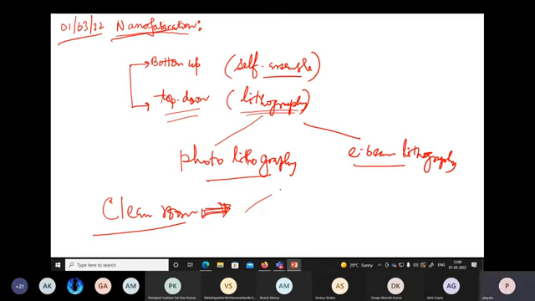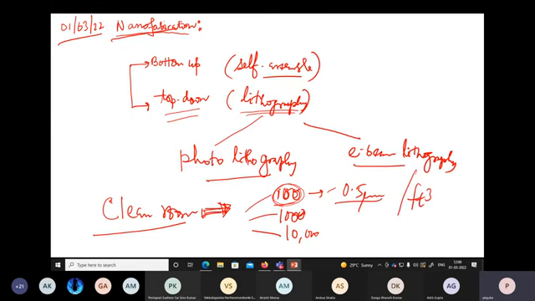There may be different classes of clean room, like class 100, class 1000, or maybe class 10,000. What does this number mean? Class 100 means there will be less than 100 particles of size around 0.5 micrometer or larger per cubic foot.